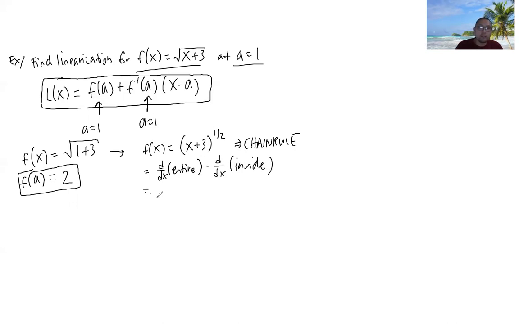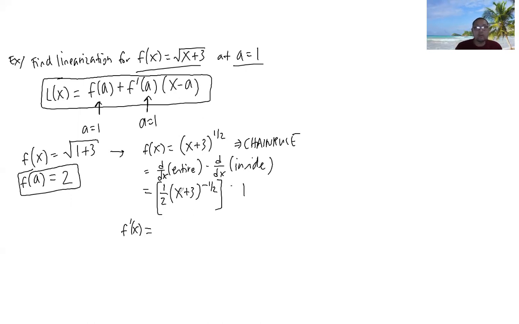Let's do the entire one first. 1/2 times 1, which is the coefficient here, is 1/2. The stuff inside stays the same. Don't change it. Subtract 1 from your exponent. 1/2 minus 1 is negative 1/2. That's your d dx of the entire thing. Now multiply that by the derivative of the inside, x plus 3. The derivative of x plus 3 is just 1.